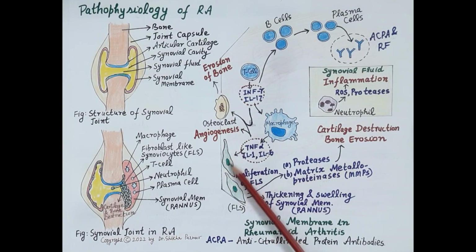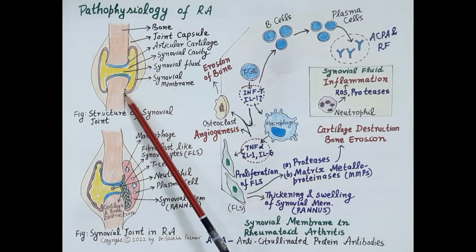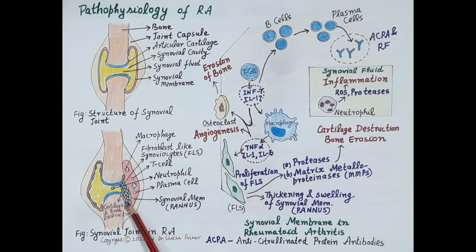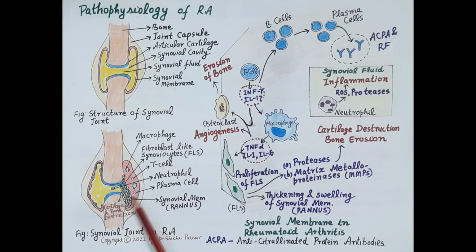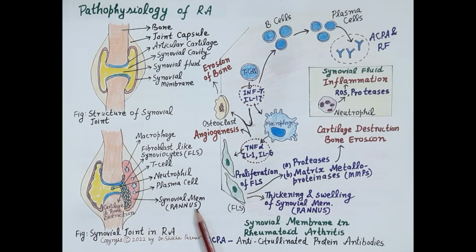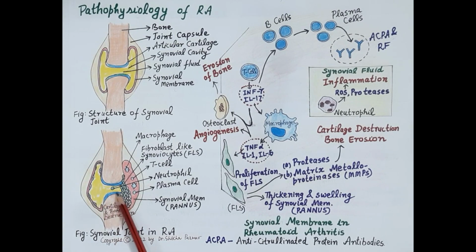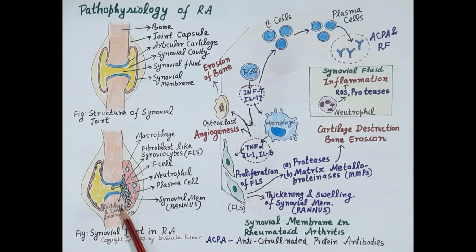Fibroblasts are the cells that are seen in the synovial membrane. So, these cytokines cause proliferation and multiplication of fibroblast-like synoviocytes, and this proliferation is responsible for the thickening of synovial membrane. So, the synovial membrane becomes thick and it gets inflamed, and this results in the formation of a structure that is called a pannus.